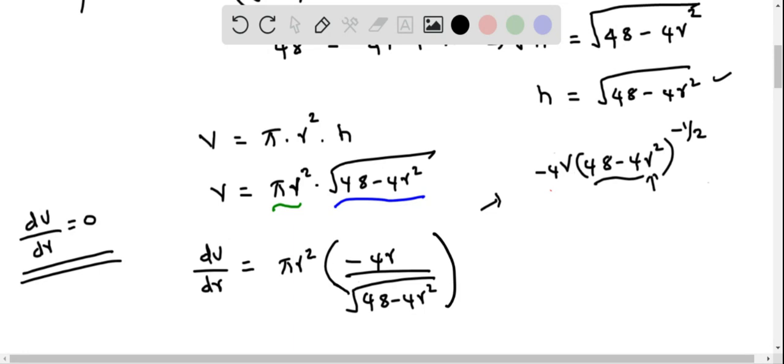So this is the derivative of the second term. Now we put the second term, that is the square root of 48 minus 4r squared, and then multiply with the derivative of pi r squared, that is pi times the derivative of r squared, which is 2r.